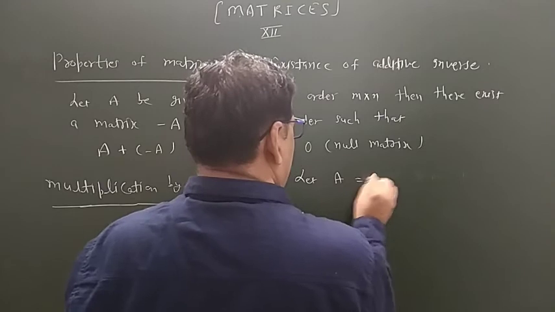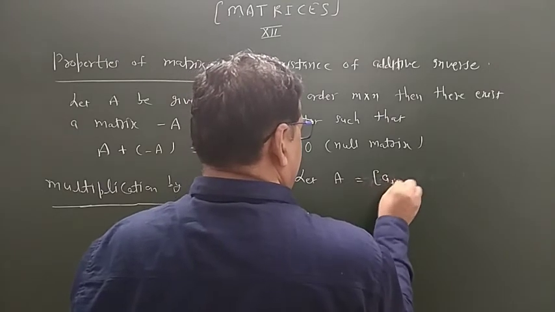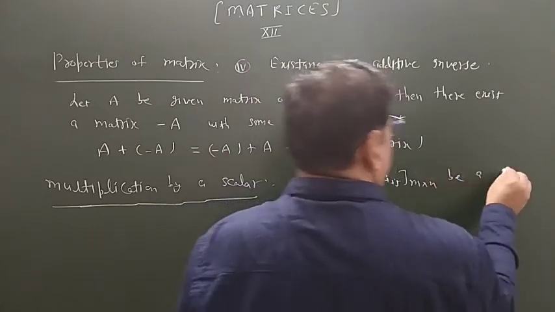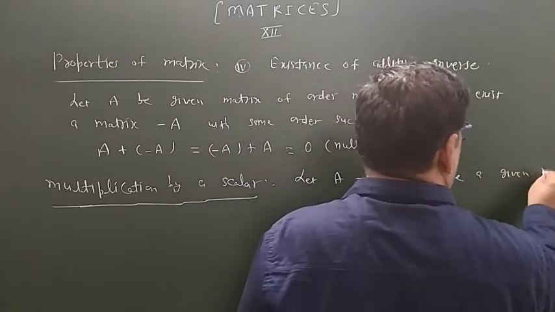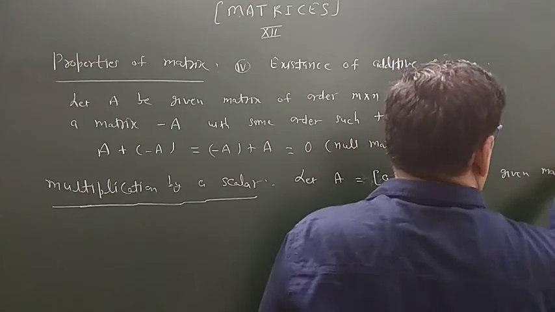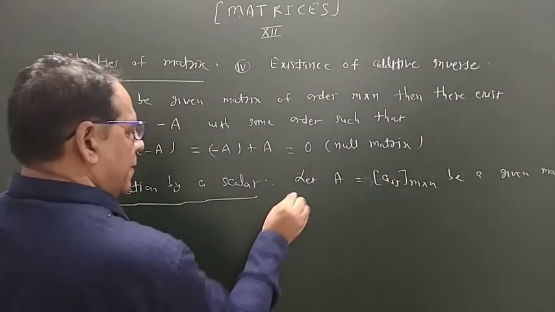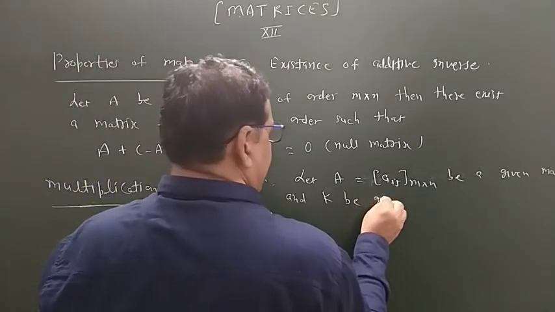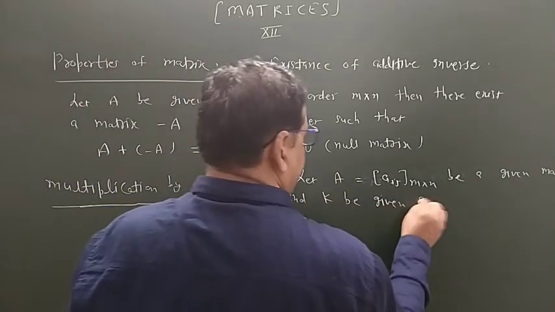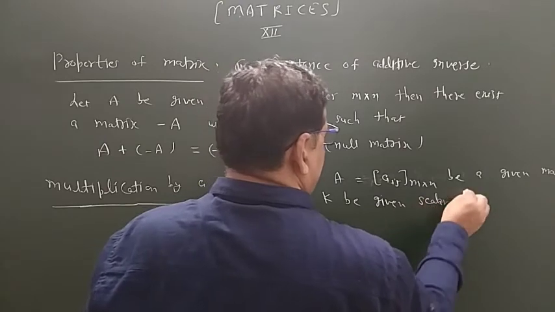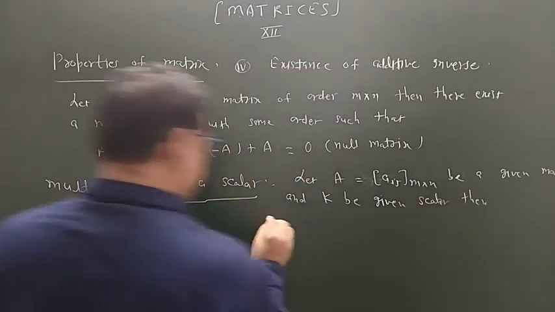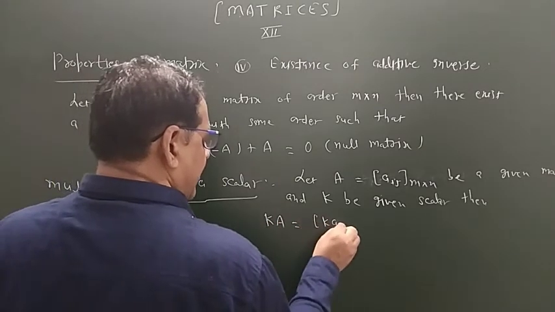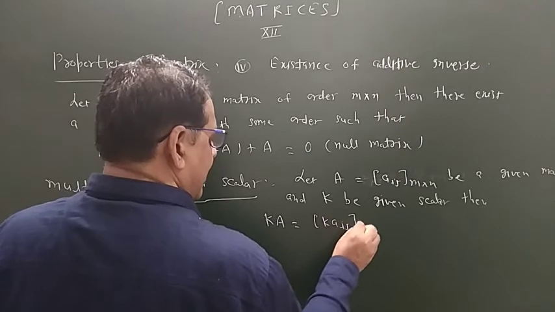Let A equal to Aij of order m cross n be a given matrix, and K be a given scalar. Then K into A equals K Aij, m cross n.